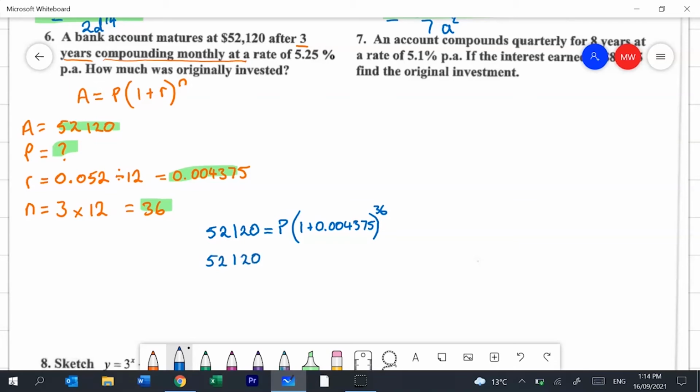What I might do, just to keep this nice and accurate, is divide both sides by 1.004375 to the power of 36. Okay, so I might do that to both sides. That way, I can put it straight into my calculator without making too many rounding errors.